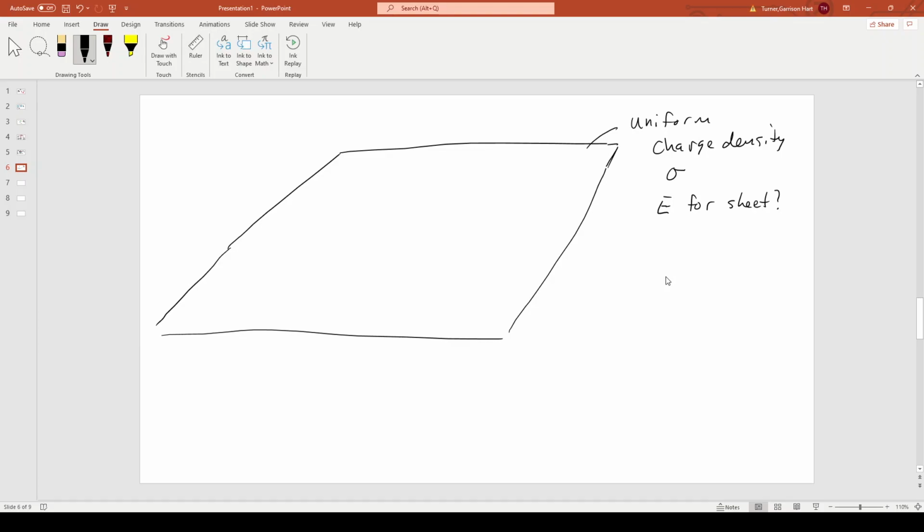And so what we do is we say, okay, I'm going to look at, because what does the electric field look like? If this is positive sigma, then the electric field is pointing away from the sheet, and it's uniform all over the sheet. And I'm not going to spend 15 minutes drawing all of these vectors, but these are coming up off of the sheet like this, right?